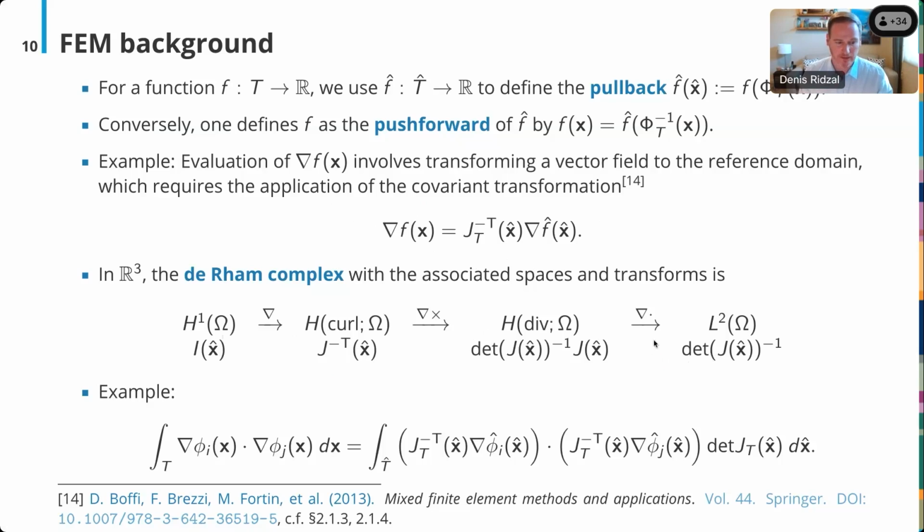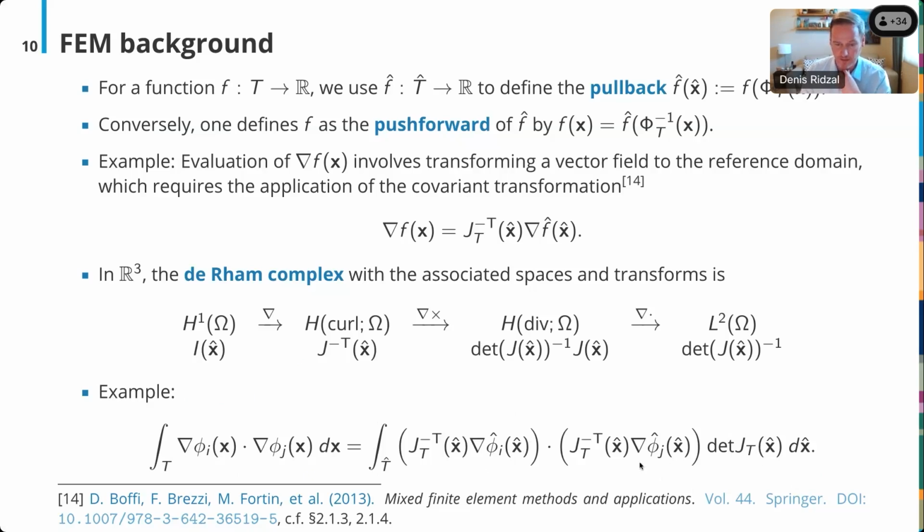And back to our original example, if we want to compute the stiffness matrix, for example, in mechanics computations, we need integrals of this type. And then this is on the left, the physical integral, and then on the reference domain, we would compute this integral. And what we need are these transformations, covariant transformations that I've described above. And of course, there's a change of variables, so volume change here.